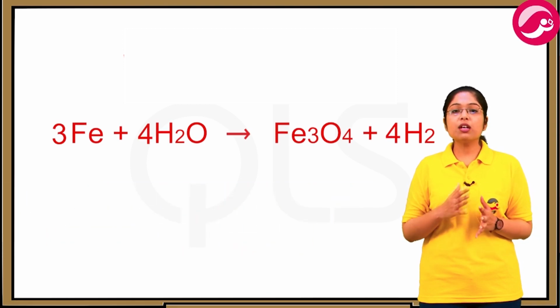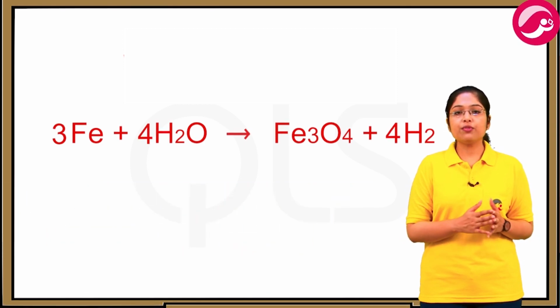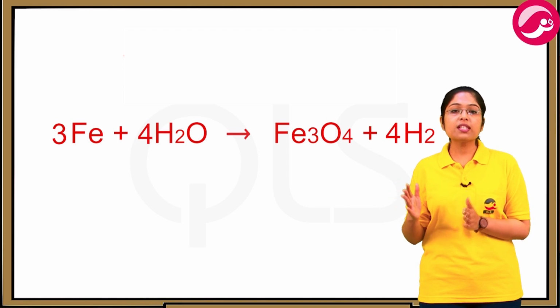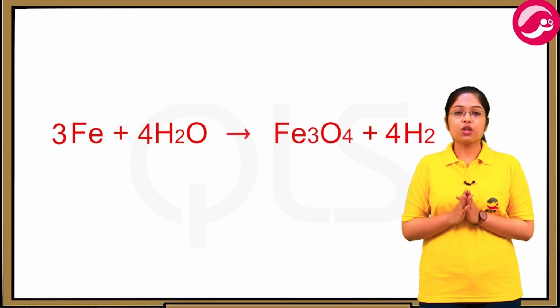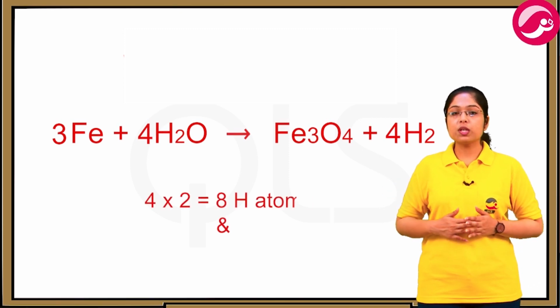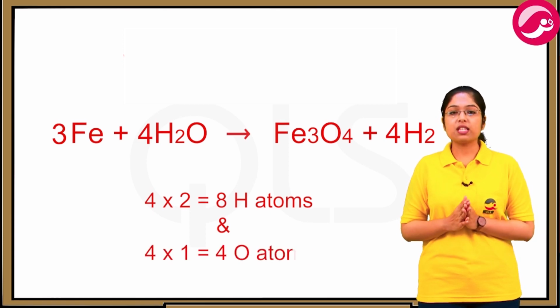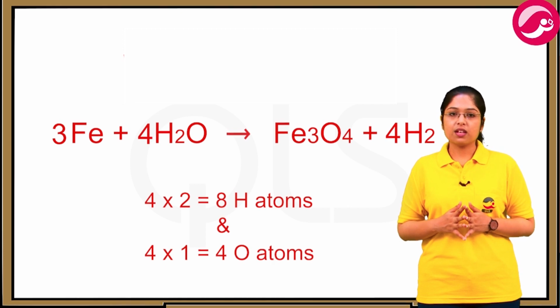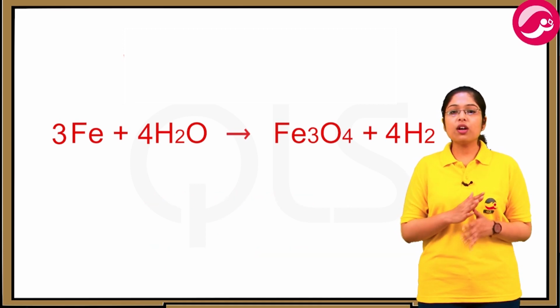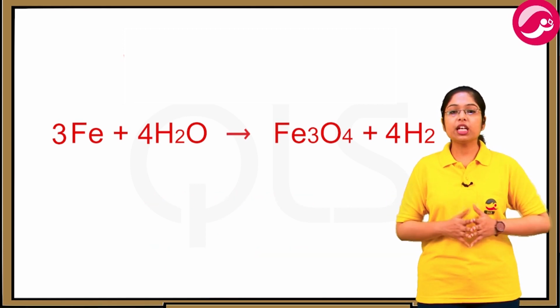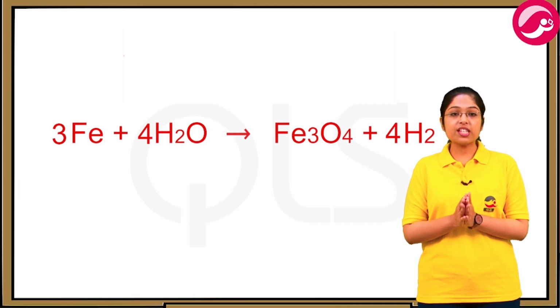And to calculate the number of atoms of individual element, we will multiply the coefficient to the subscript of the elements. So, 4 multiplied by 2 is equals to 8 hydrogen atoms and 4 multiplied by 1 is equals to 4 oxygen atoms.